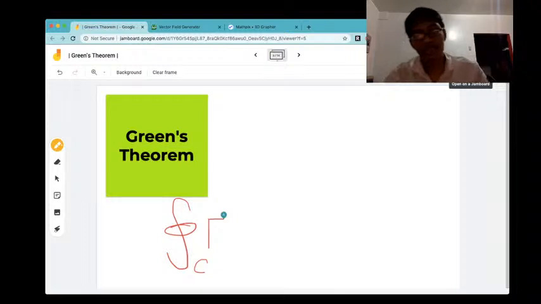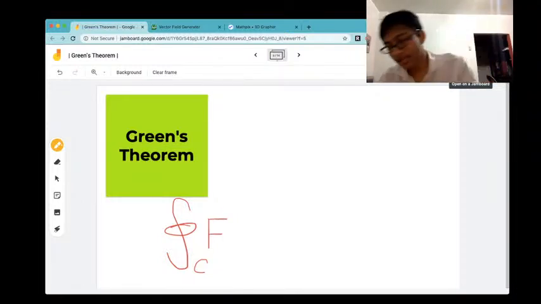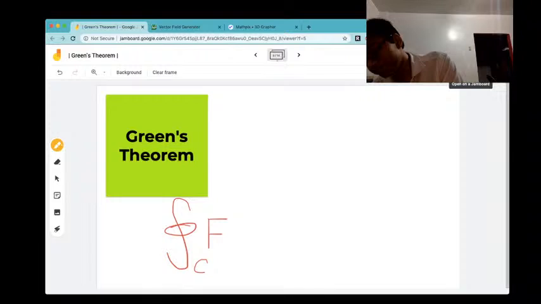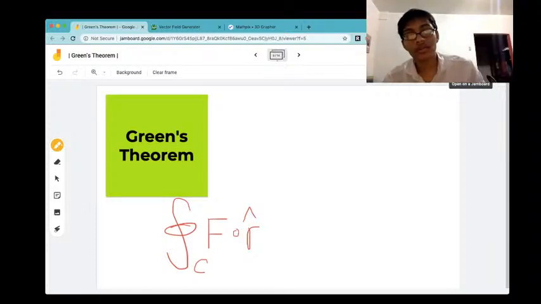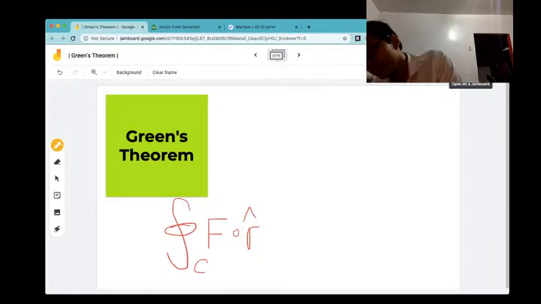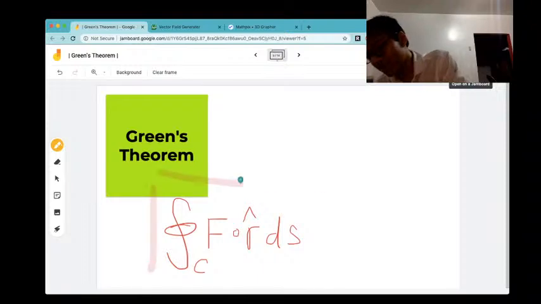So we'll have the function f defining some mass or some other scalar quantity, dot r, r being a unit tangent vector, ds, right? That's what we all know and love. That's just the line integral, right?